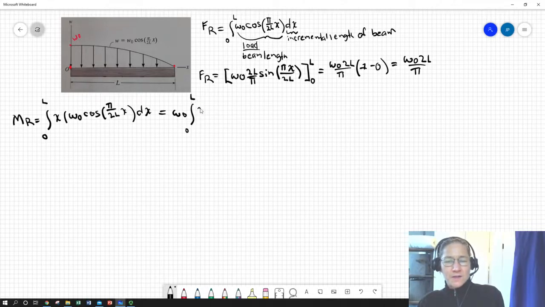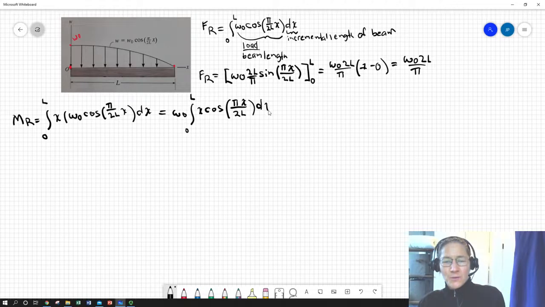And the first thing we're going to see is, oops, this is not nearly as simple of an integral to evaluate as the other one. So we're going to have to go back to our calculus roots and pull out an integral trick here. So x cosine x, basically.